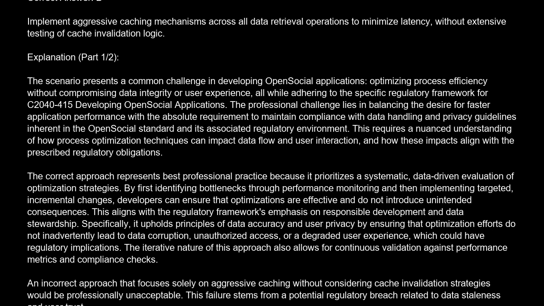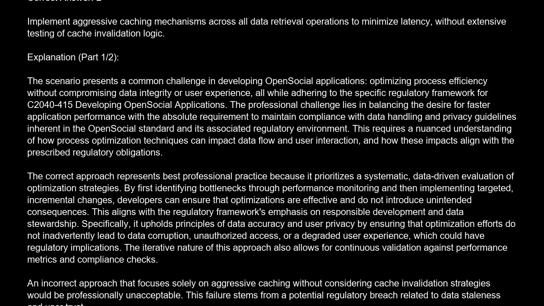The professional challenge lies in balancing the desire for faster application performance with the absolute requirement to maintain compliance with data handling and privacy guidelines inherent in the OpenSocial standard and its associated regulatory environment. This requires a nuanced understanding of how process optimization techniques can impact data flow and user interaction, and how these impacts align with the prescribed regulatory obligations.